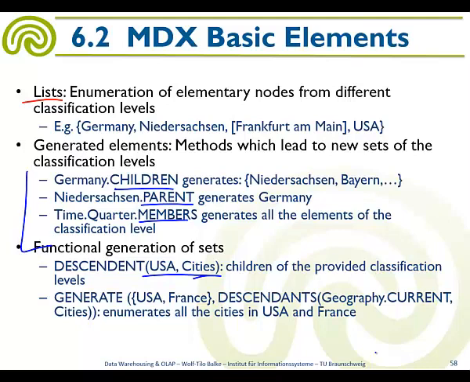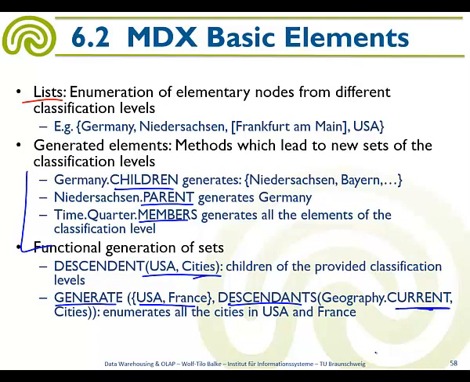You can also generate things. For example, you can build a list that is put together by some explicit nodes, USA and France, for example, and the descendants of geography current cities, right?